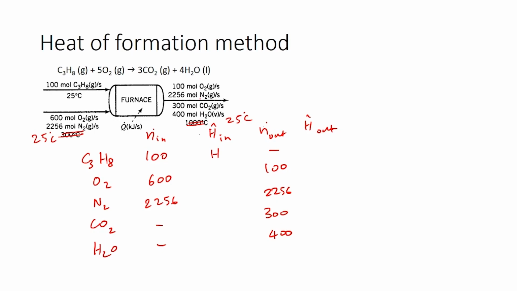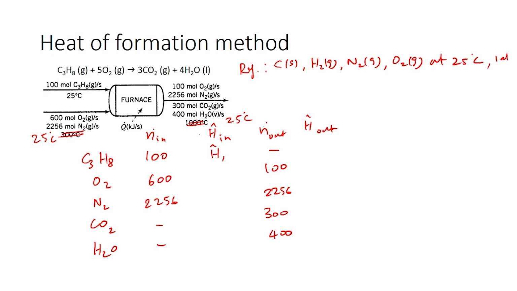This will help us understand this process. So, this would be H1 cap, this is H2 cap. This H2 cap would be 0, because you also have to note down your reference states.